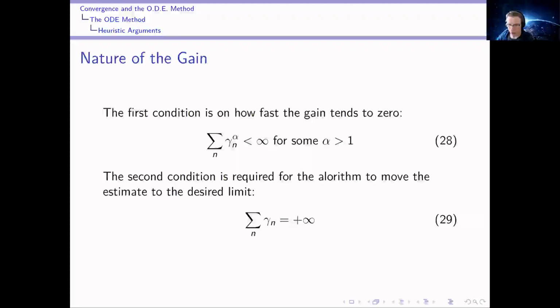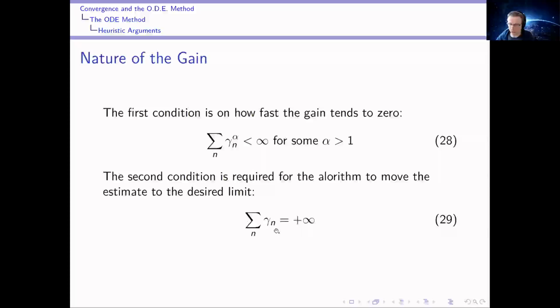So the nature of the gain: the gain is decreasing in the learning phase, and we have two conditions. One is the speed of decay that's given by some alpha, and then the second assumes that we never quite reach zero gain, but this allows us to get arbitrarily close to the limit.